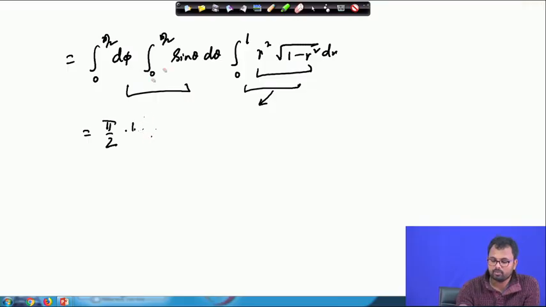So, this is pi by 2, this is 1, and you have to calculate the value of this part and substitute here, and that will be the answer of this integral. I am leaving the calculation to the students because it is a fairly simple example.